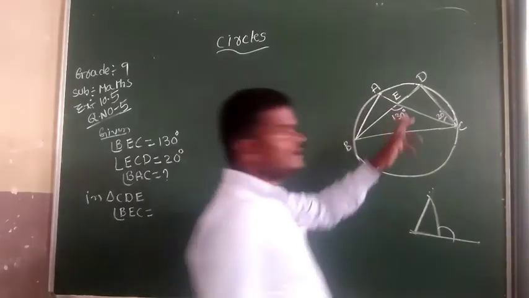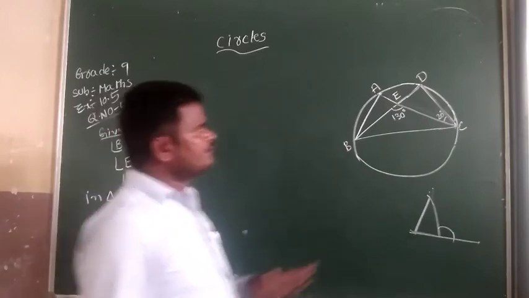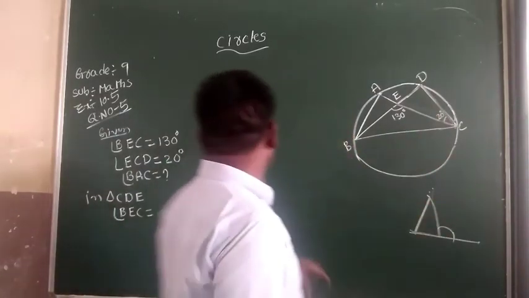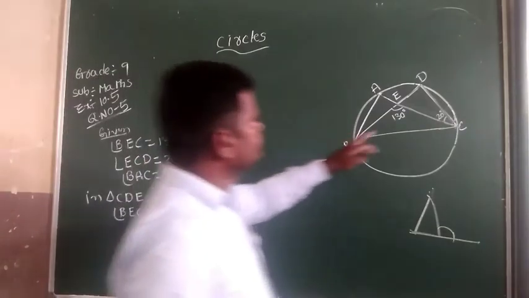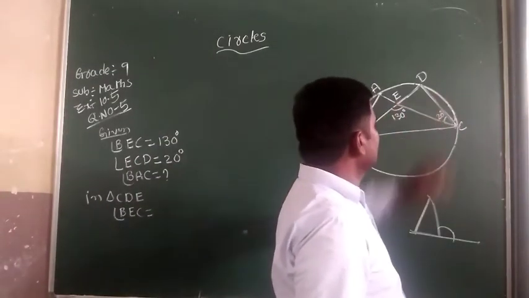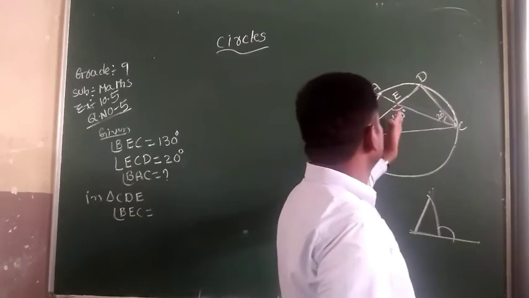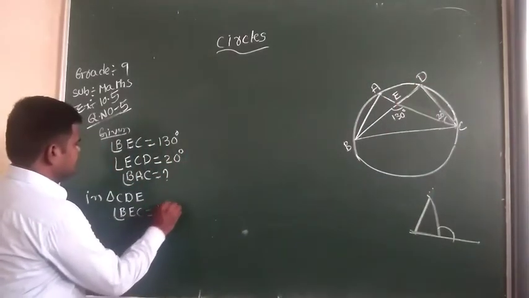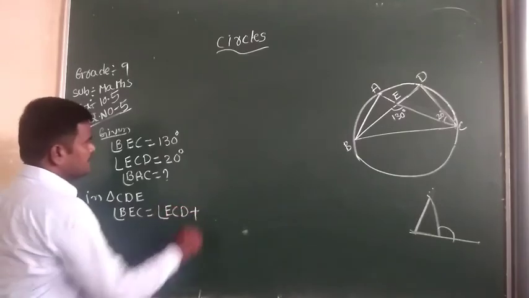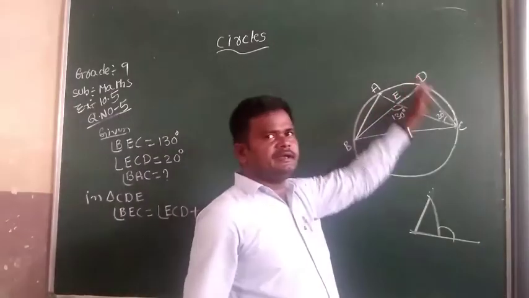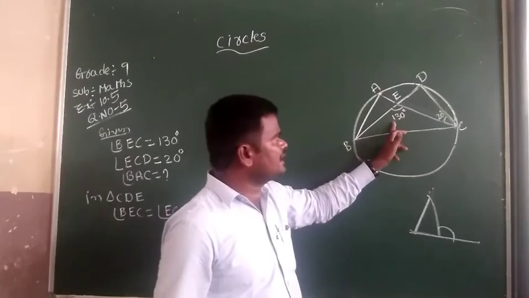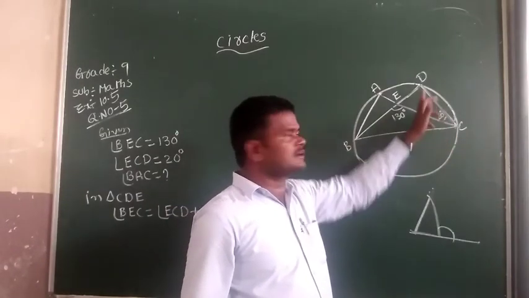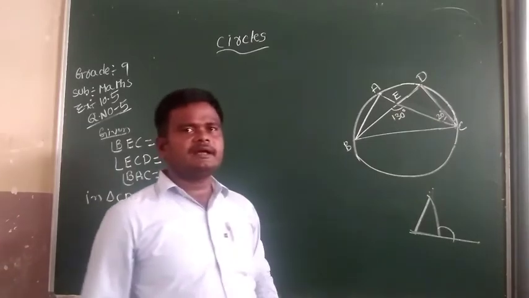The exterior angle equal to the sum of the opposite interior angles. So that is angle ECD plus angle EDC.